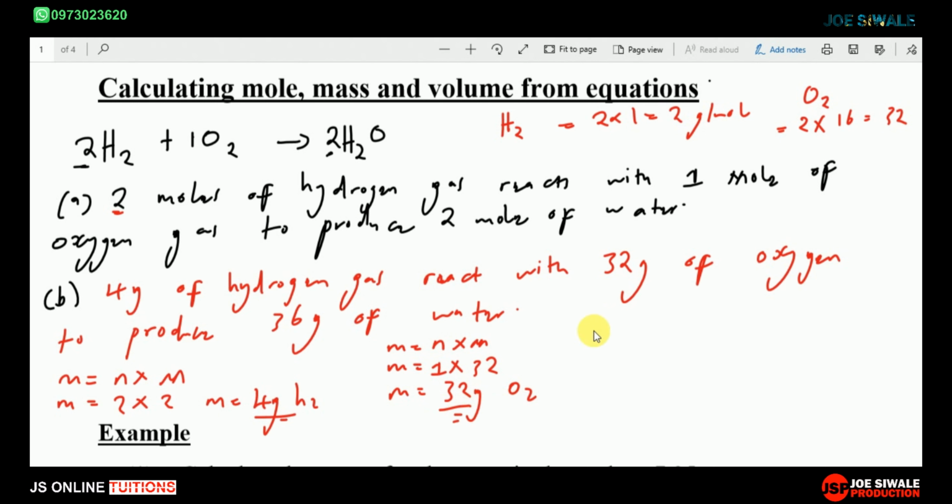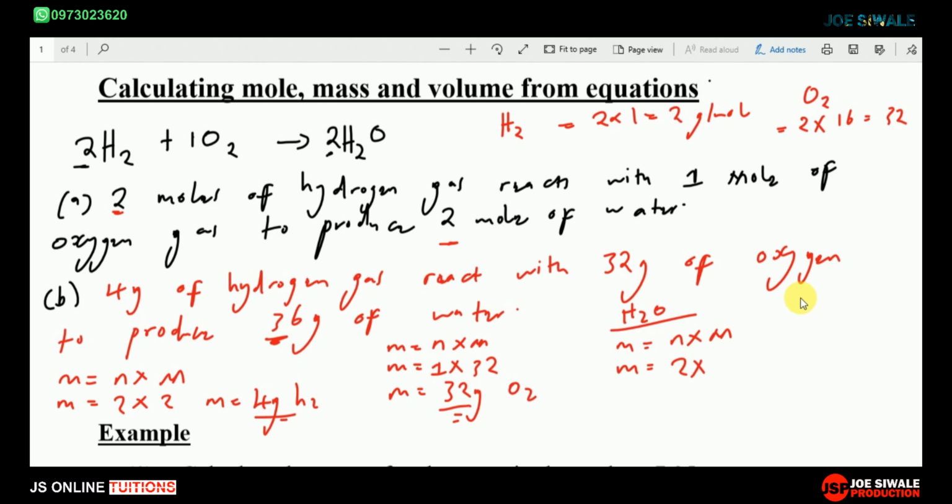Then let us look at how we are coming up with 36 grams of water. For H2O, we know that mass is equal to number of moles multiplied by the molar mass. The number of moles of water is 2 moles, so we will say 2 multiplied by the molar mass of H2O.